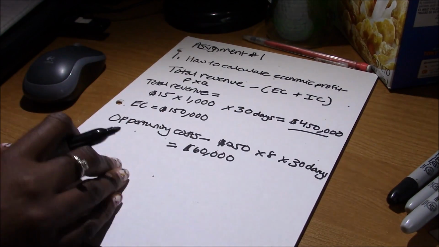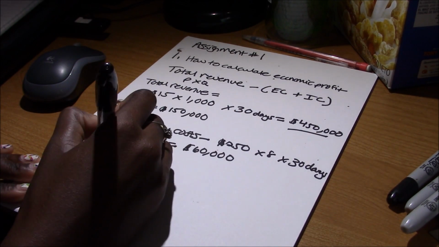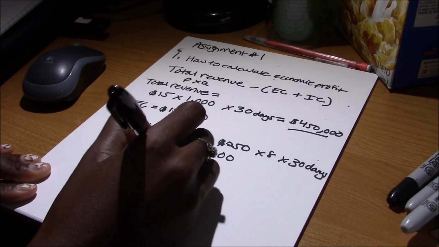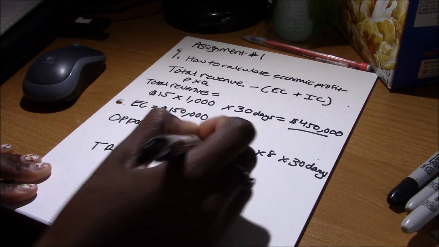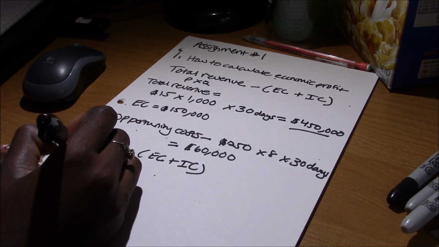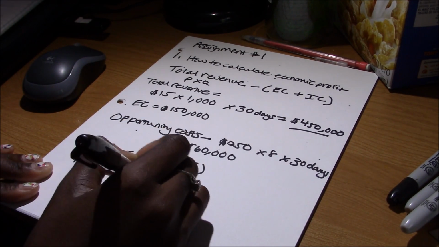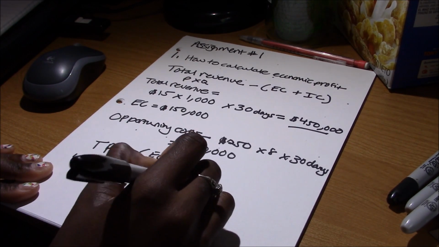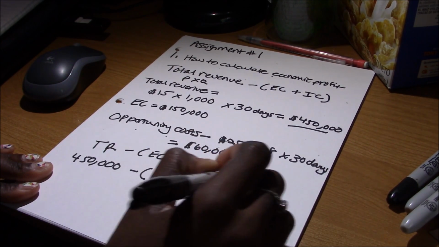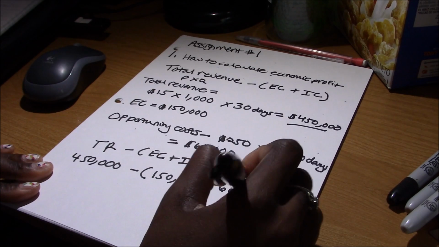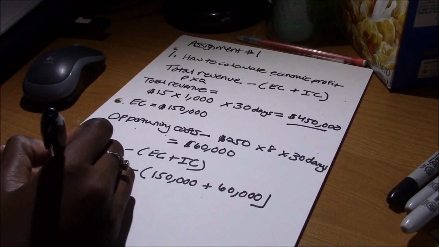So now we can add up all of these. We can go back to TR minus EC plus IC. So our TR, remember, is $450,000 minus the explicit cost of $150,000 plus the implicit cost of $60,000.